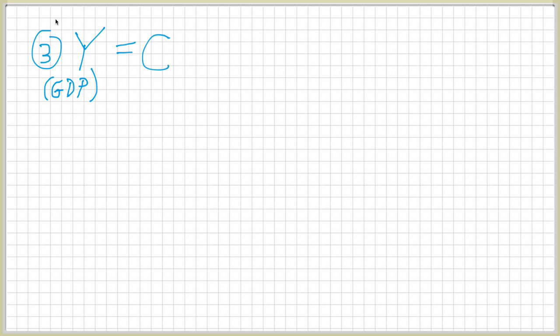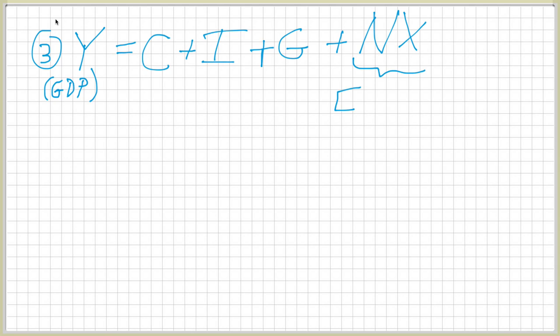Y is equal to consumption plus investment plus government spending plus net exports. Okay, net exports, exports minus imports. All right, so the third way, they call this the expenditure approach.